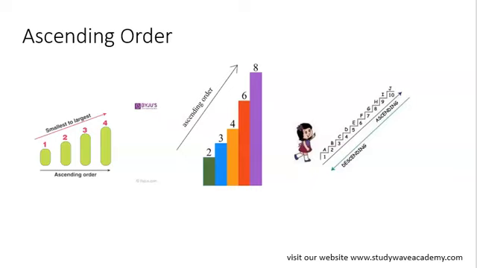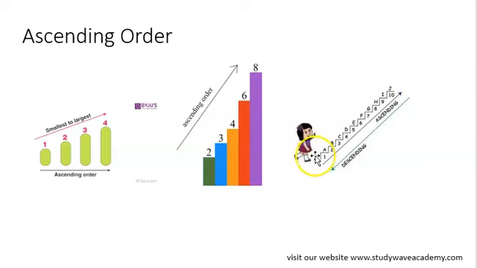Ascending order means arranging numbers from the smallest to the biggest. It's just like when you're climbing steps, like this little girl over here.